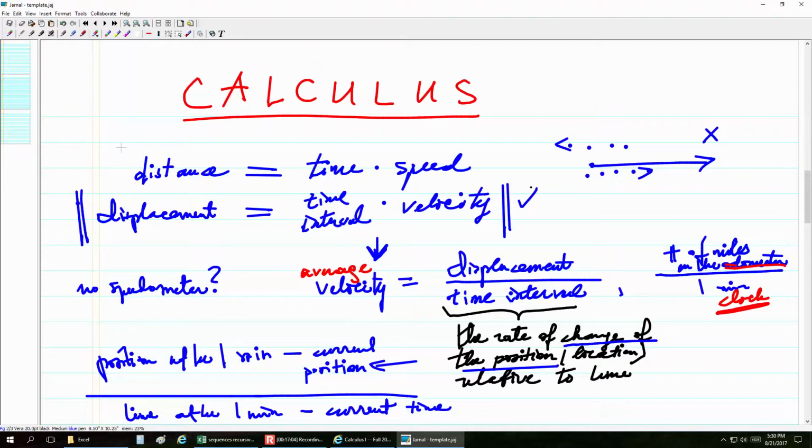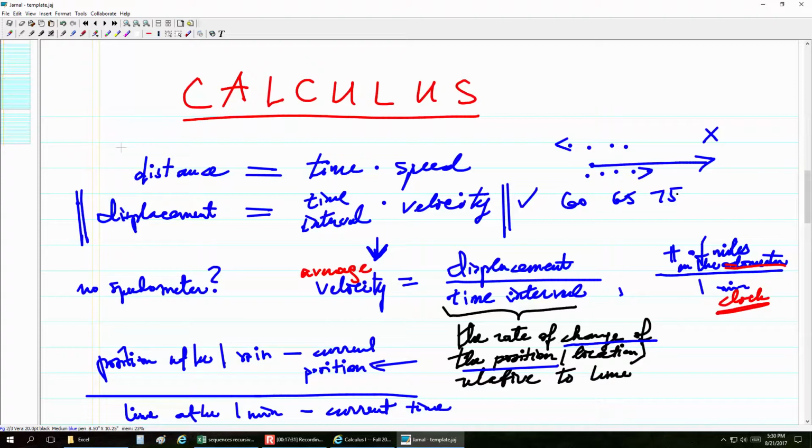Every minute you record the velocity, say you have 60, 65, 75. So in 3 minutes, how far did I go? The first minute is 60 miles an hour, the second 65, and then 75.